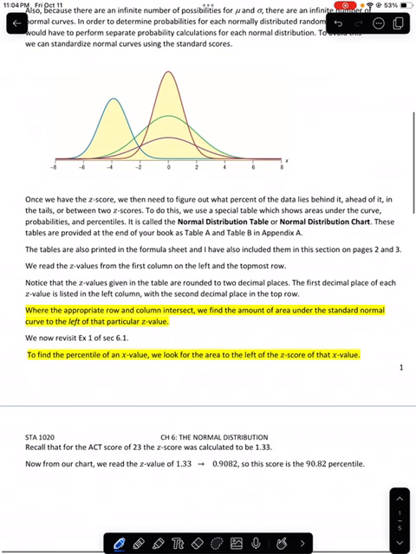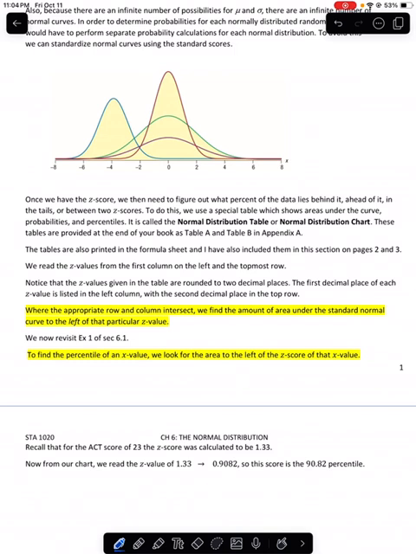Once we have a z-score, we can find how much area is left behind, meaning on the left of the z-score, how much area is to the right of the z-score, how much area is between two z-scores, or how much area is in the tails of the normal distribution.